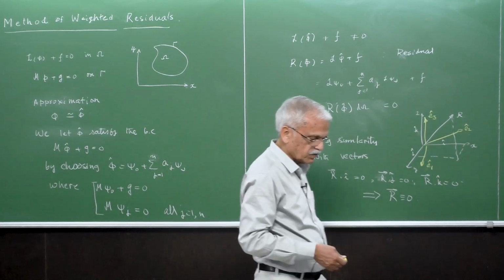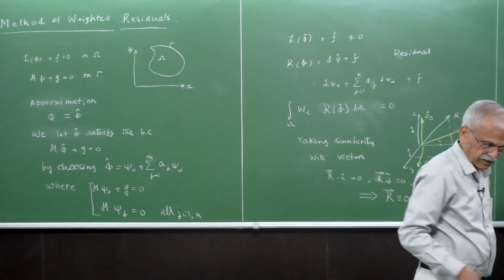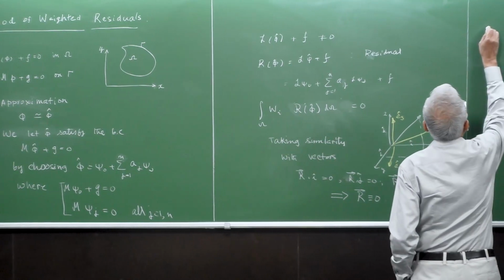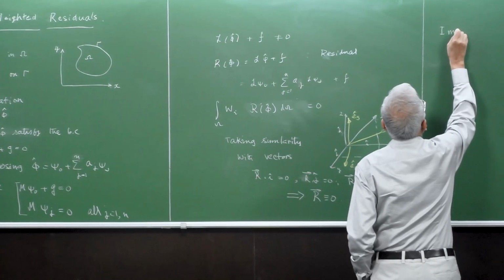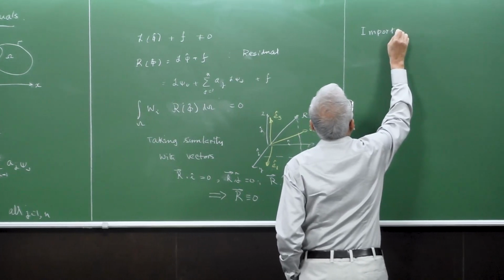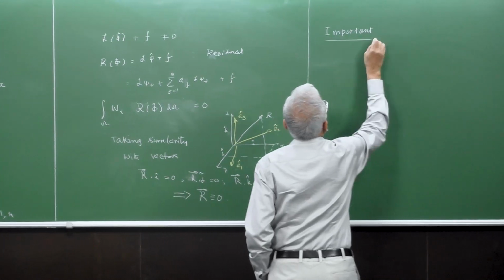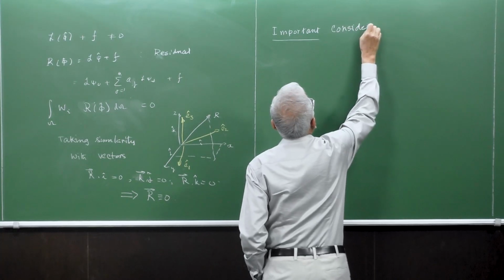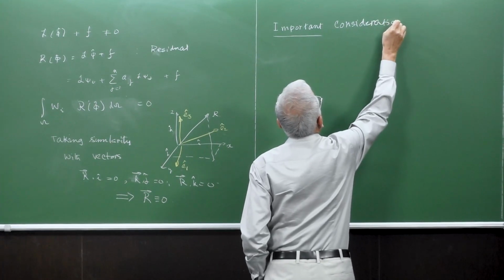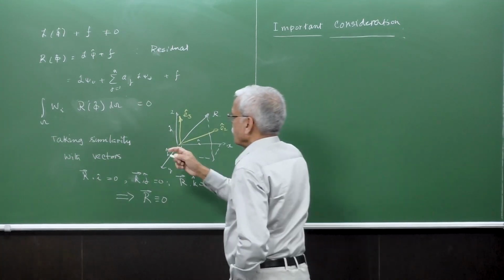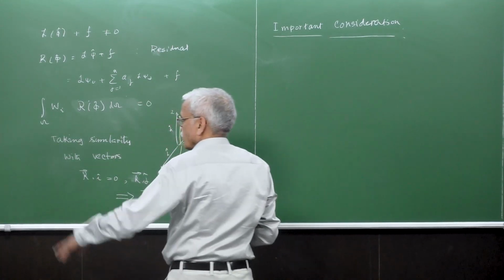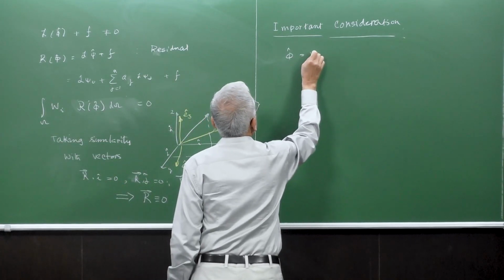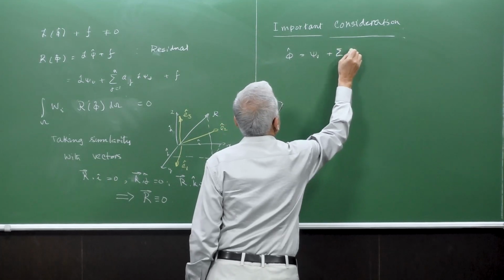So there are two important considerations here. Here phi hat has been expressed as psi naught plus the sum of aj psi j.